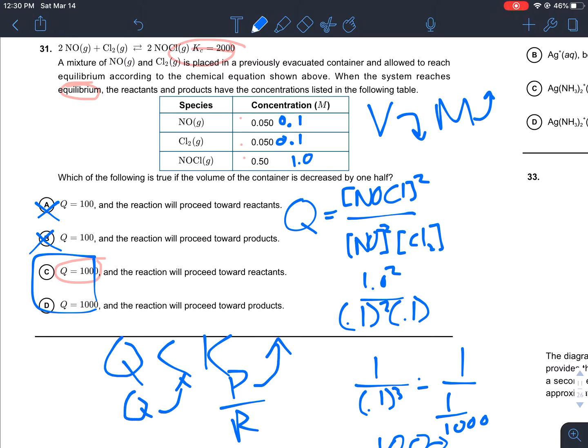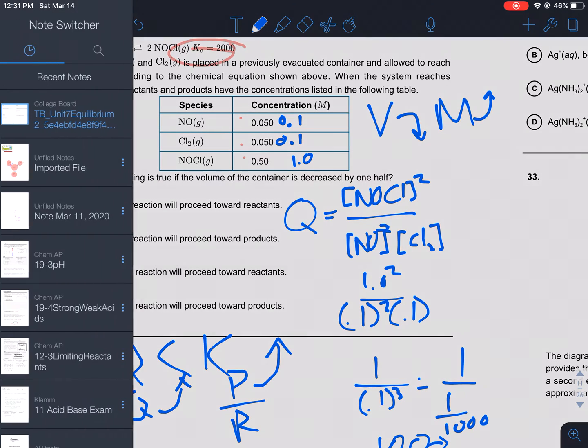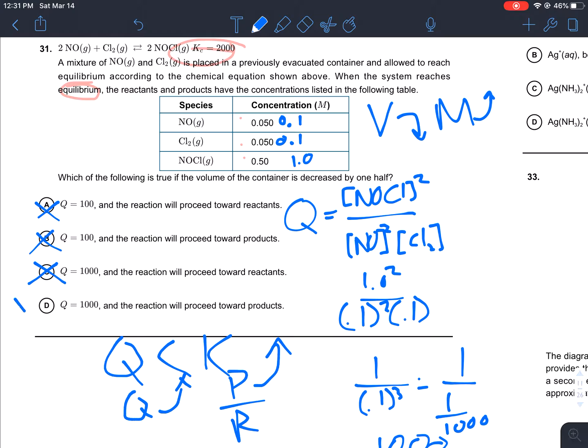It needs to increase its numerator. So the correct answer is D. Q is greater than 1,000, and the reaction will proceed towards the products.